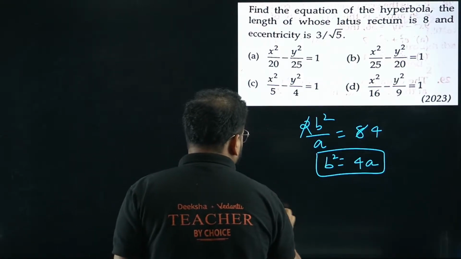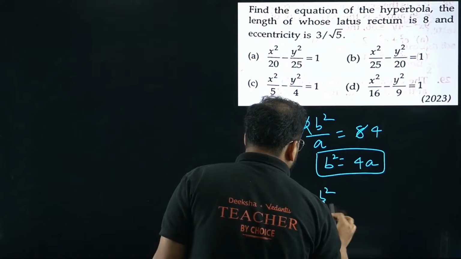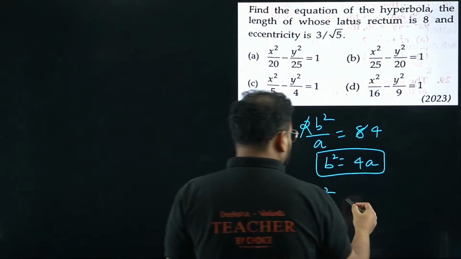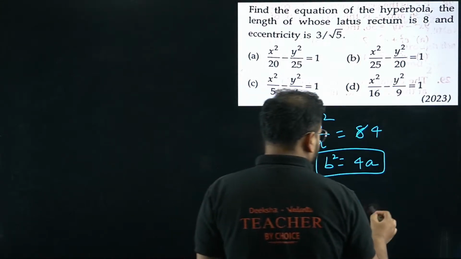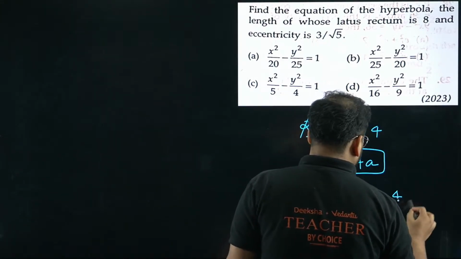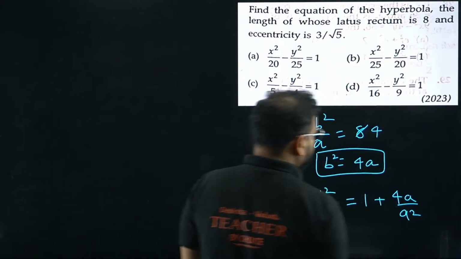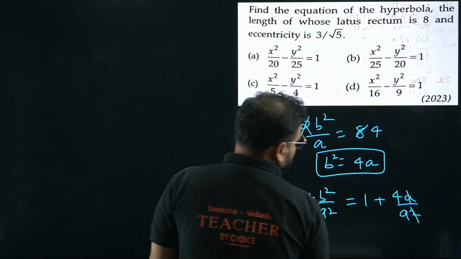So we have a relation of hyperbola, e square equals 1 plus b square by a square. You get 1 plus 4a by a square. Cancel this, I'll end up with a.